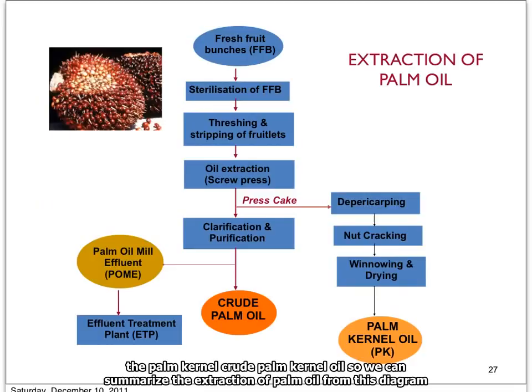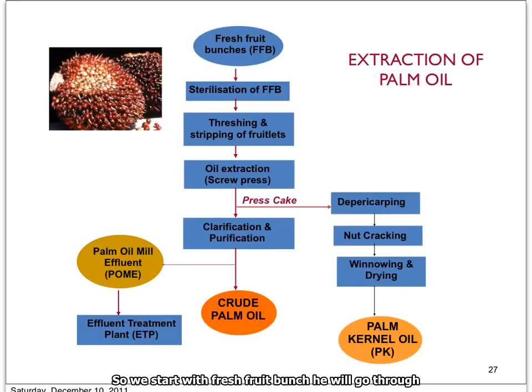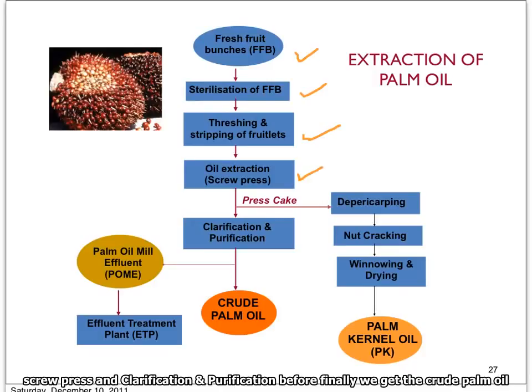So we can summarize the extraction of palm oil from this diagram. We start with fresh fruit bunch. It will go through the sterilization process, stripping of the fruitlets, then the extraction by using screw press, and clarification and purification before finally we get the crude palm oil.